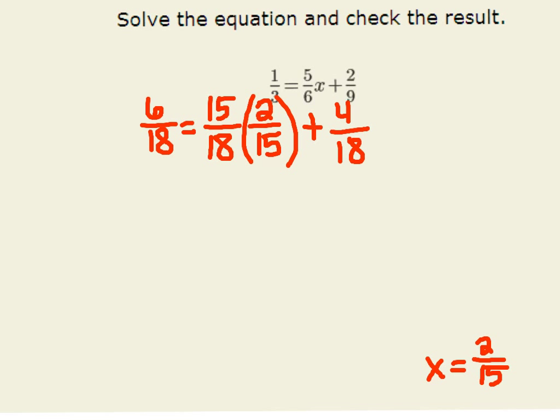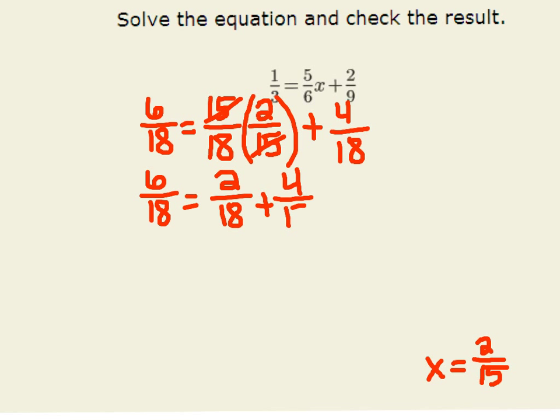So now I'm going to do this multiplication here. So we still have 6/18 equals, now I'm going to see right away that these 15s will cancel. So that'll leave us with 2/18 plus 4/18. I'm going to subtract 2/18. Actually, I see an easier way.